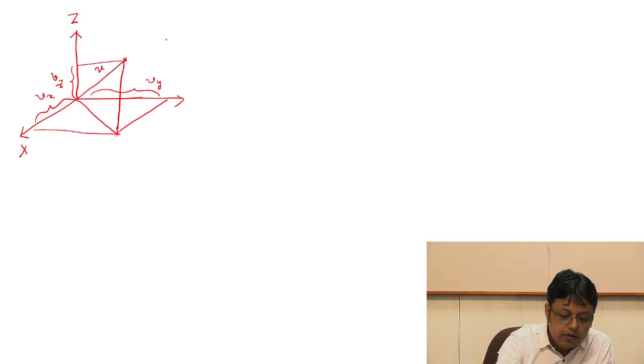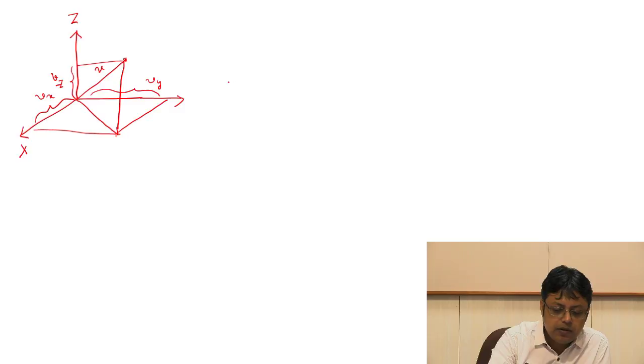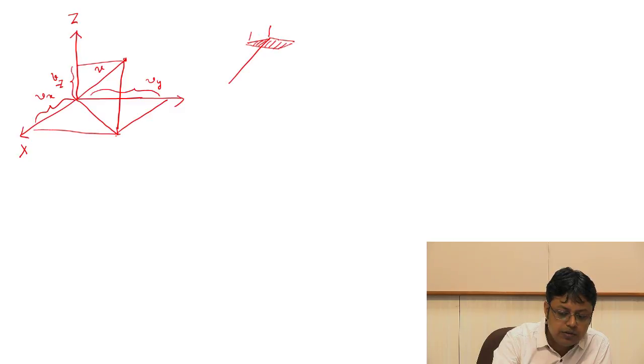So this is the velocity vector, and then we are moving Vx to Vx plus dVx in this direction, and we are also going Vy to Vy plus dVy in this direction, and if I move it that way, I'll get an area element, and then I'll also go in the upper direction to Vz plus dVz, and then I'll get a volume element.